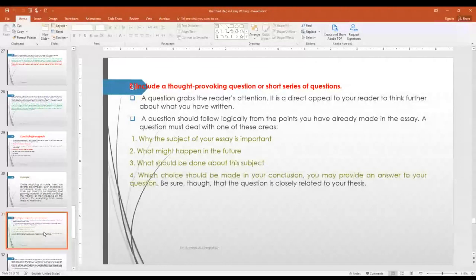Imagine now Nurhan is going to talk about the disadvantages of social media applications on children or on young people or whatsoever. Now, she may end her concluding paragraph with a question.